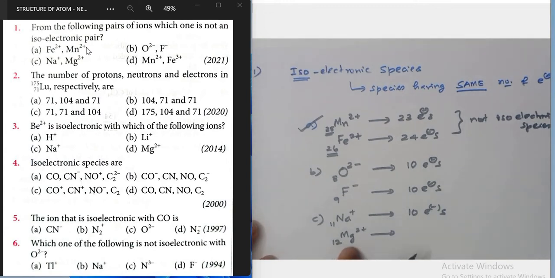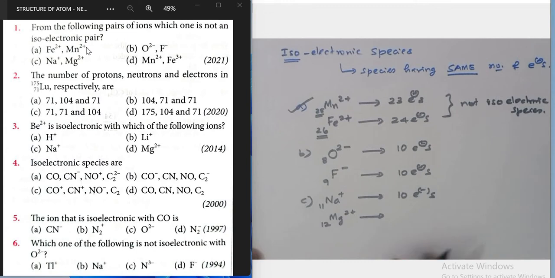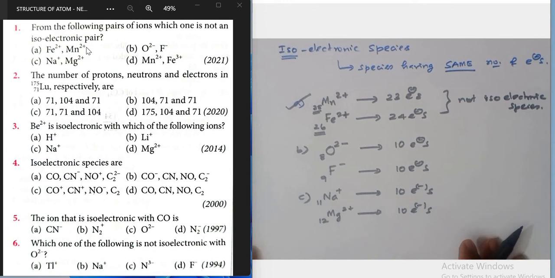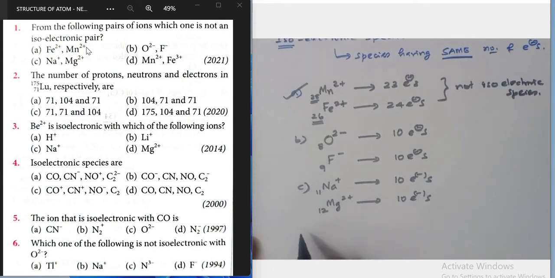Similarly, neutral magnesium has 12 electrons, but Mg2+ means 2 electrons are removed, so we get 10 electrons. That means Na+ and Mg2+ are also isoelectronic. Then what about option D?